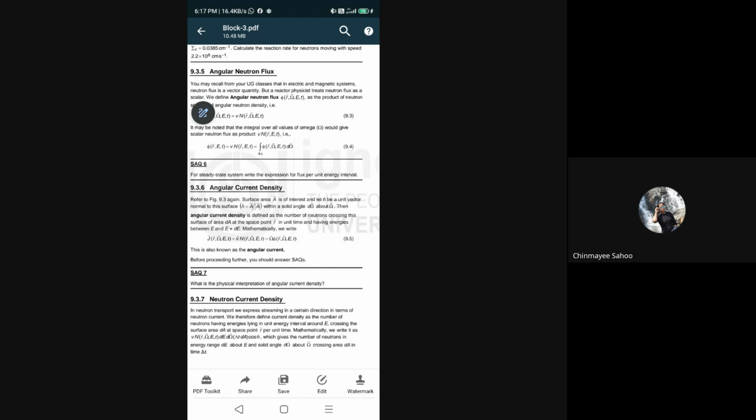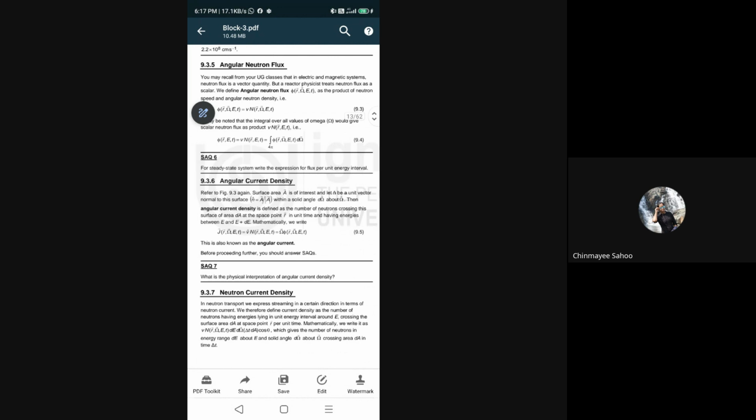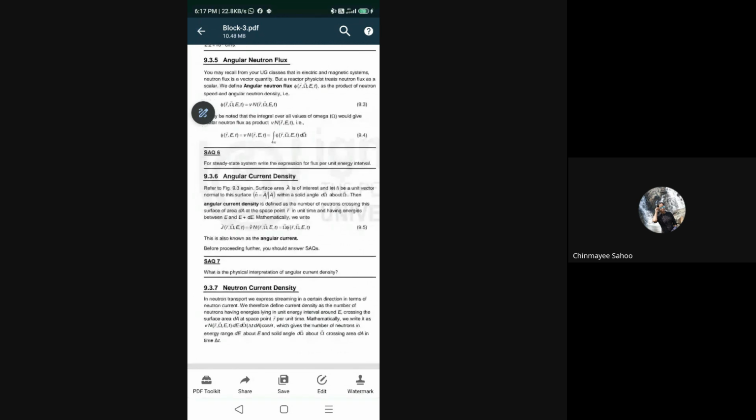omega about omega vector. Then angular current density is defined as the number of neutrons crossing the surface of area dA at the space point r in unit time and having energies between E and E plus dE.